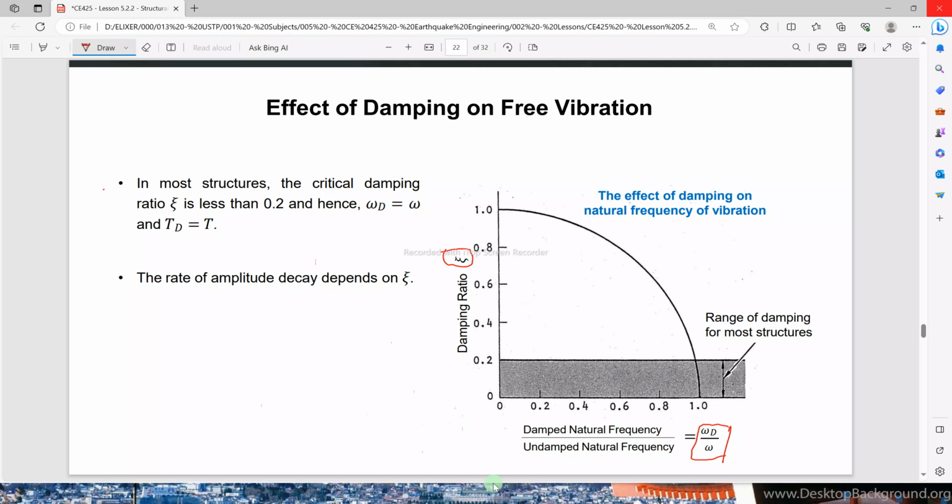So when our damping ratio is 1, the ratio of the damped natural frequency over the undamped natural frequency is 0 or almost equal to 0.